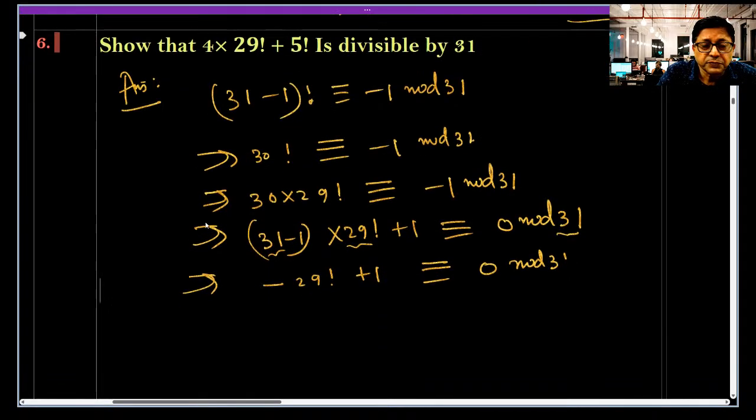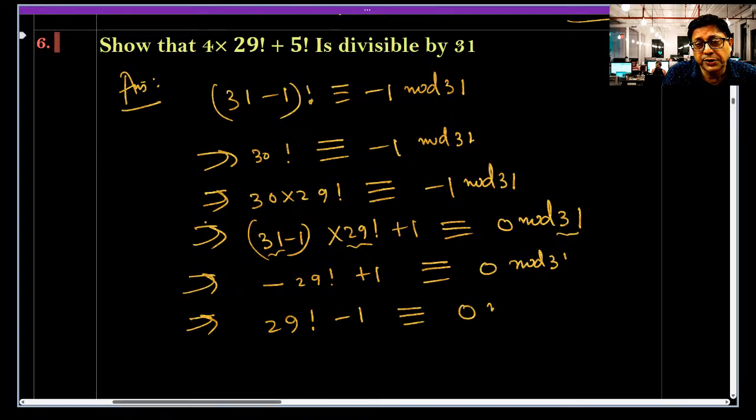Clear? Now multiply both sides by minus 1. This minus 1 congruent with 0 mod 31. We have multiplied both sides by minus 1. Clear? Now multiply both sides by 4.